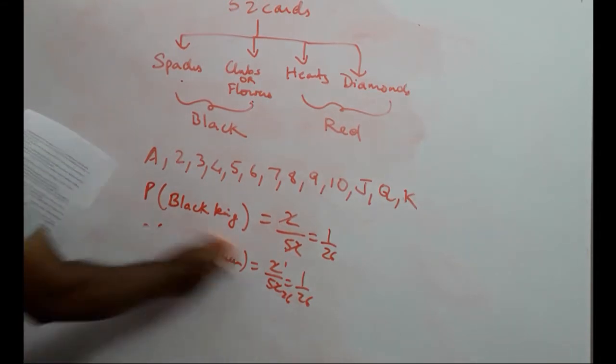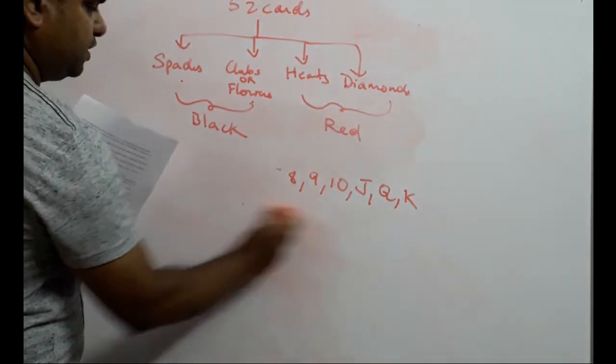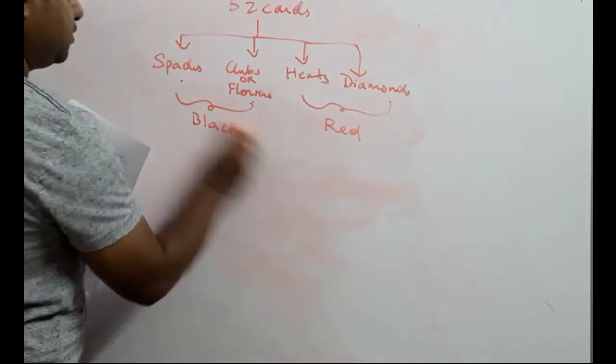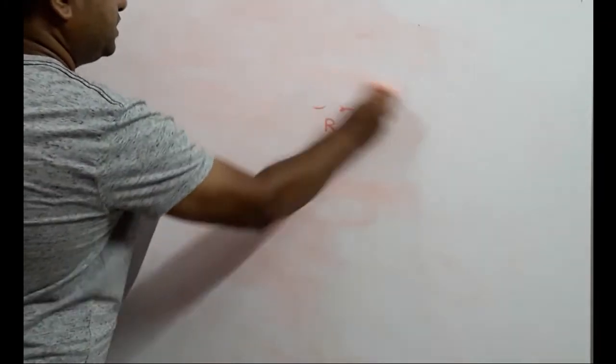Okay, let's go to the third problem. What does the third problem say? The third problem can be solved in 2 different ways. We'll see what is the problem first, and then we'll say which are the 2 ways or methods by which we can solve the problem.